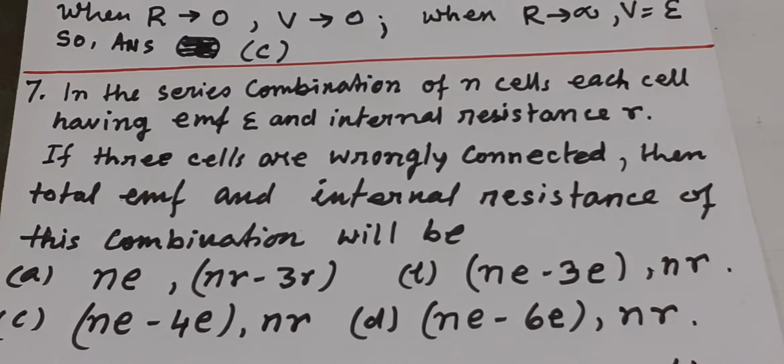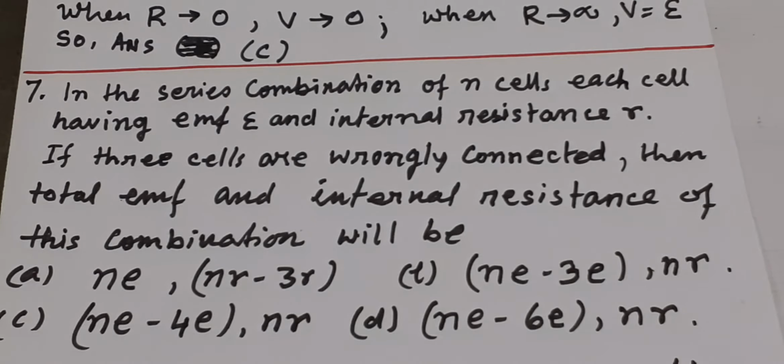Now come to question number 7. In the series combination of n cells, each cell having EMF E and internal resistance small r, if 3 cells are wrongly connected, the total EMF and internal resistance of the combination will be. Now as it is understood, 3 cells are wrongly connected. Each wrongly connected battery will neutralize one rightly connected battery.